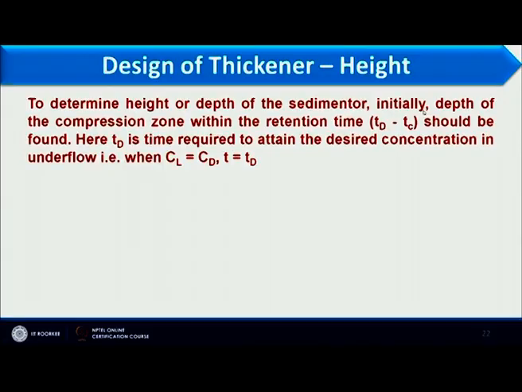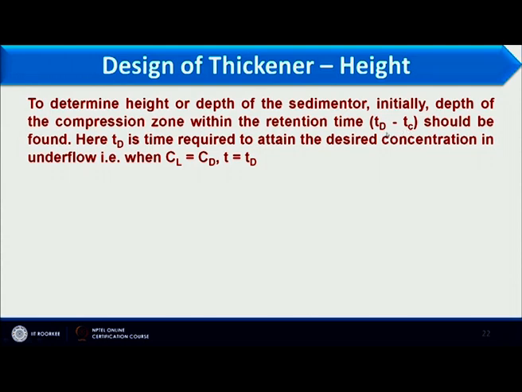To determine the height or depth of the sedimenter, initially the depth of the compression zone within retention time Td minus Tc should be found. If you remember, D we have denoted for the underflow. So the time at which the concentration of underflow, that is Cd, is obtained is called Td.